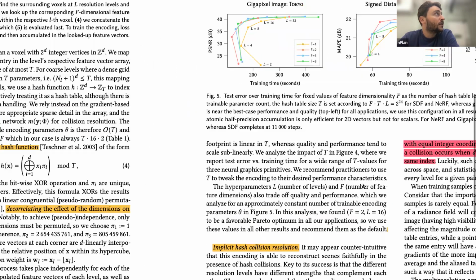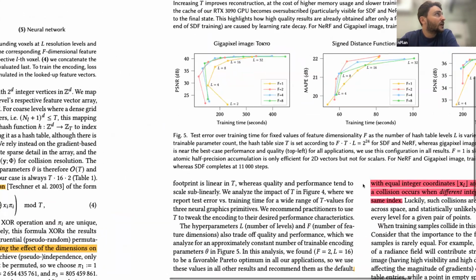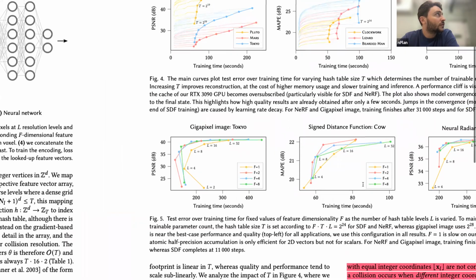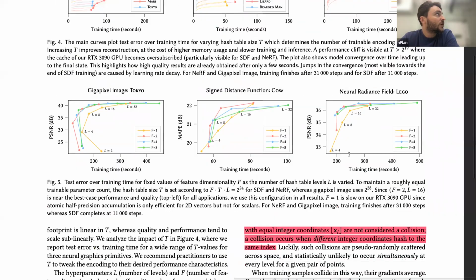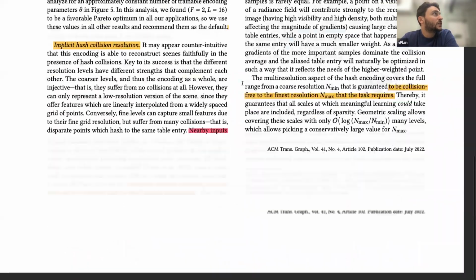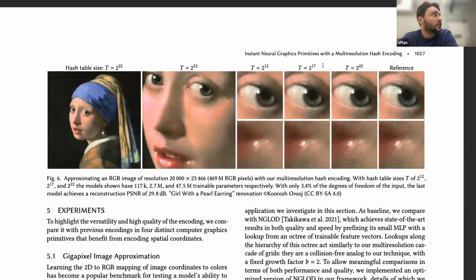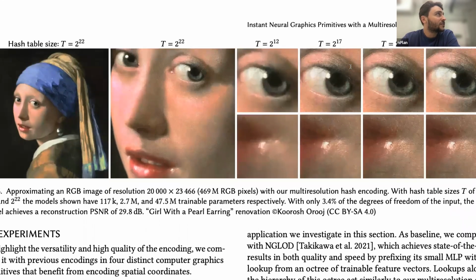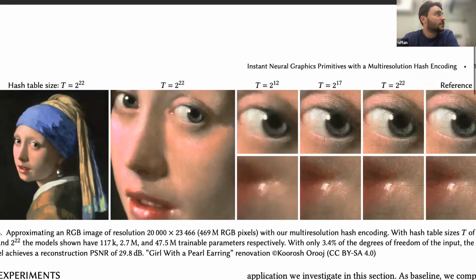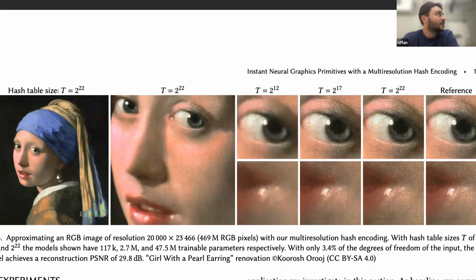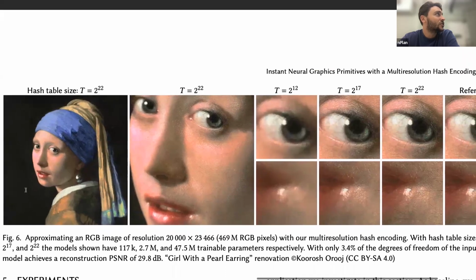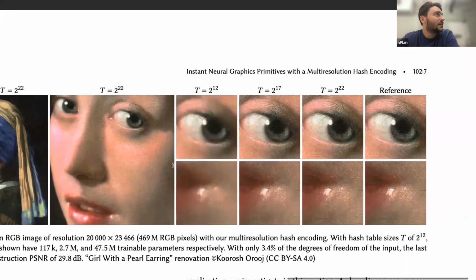Okay, and they have an image which shows you the trade-off. So here you can see the trade-off between having a T of 2 to the 12 versus 2 to the 17 versus 2 to the 22. And you actually have to zoom in for this to see the difference. So this is the reconstructed image, and then this is the difference between the different depths.